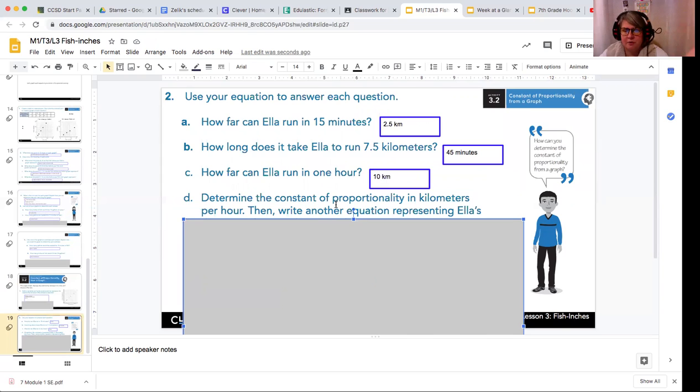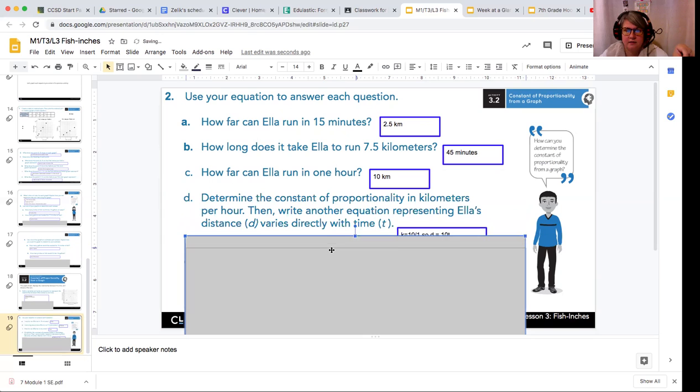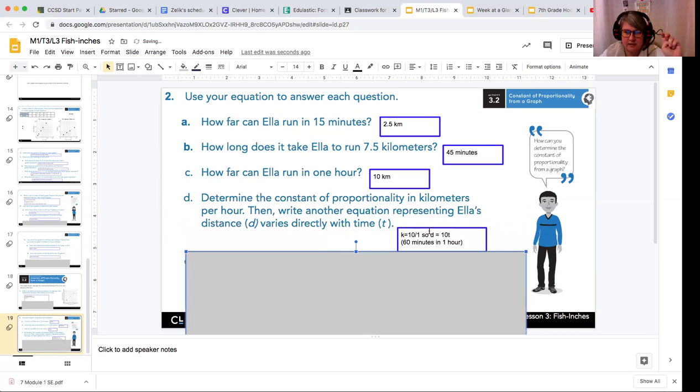So what would I have to multiply each time by to get the distance? I would have to multiply by 10.